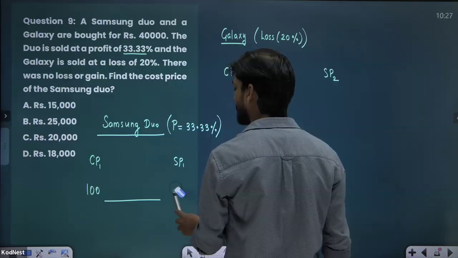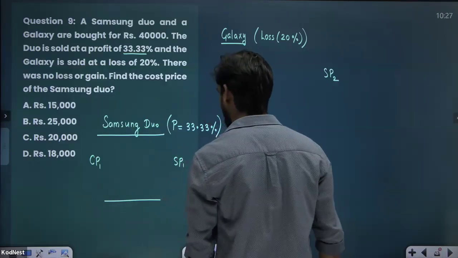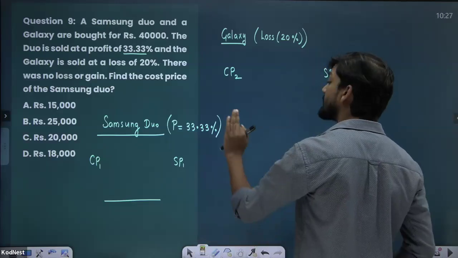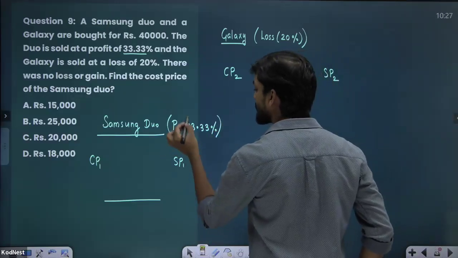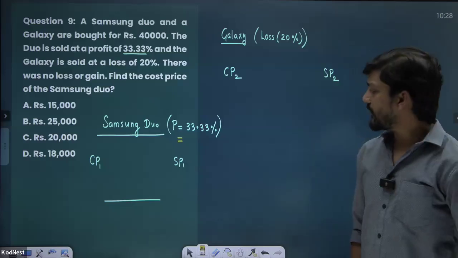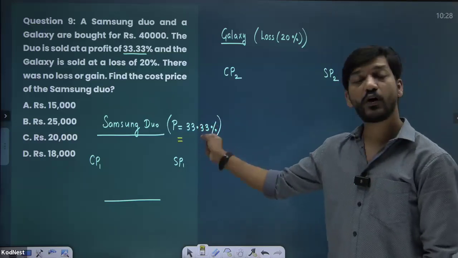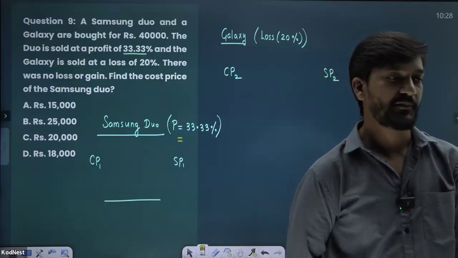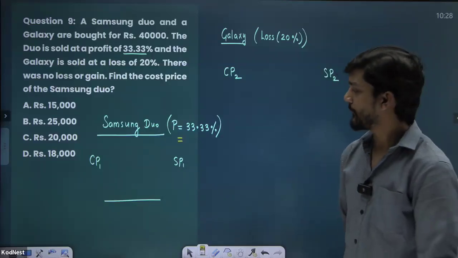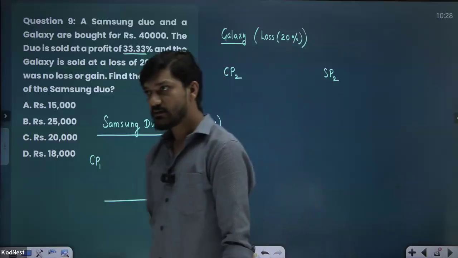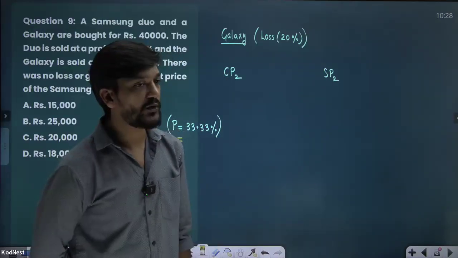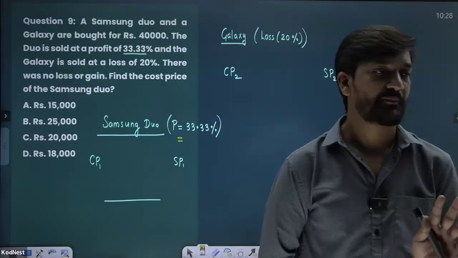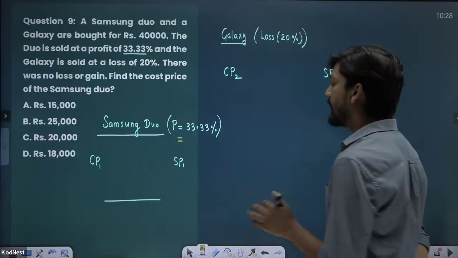Whenever the percentage is given in terms of decimals, think of the fraction value. So please answer, what fraction is this percentage? 33.33, it is 1/3. Don't say 100 by 3. It is 1/3.